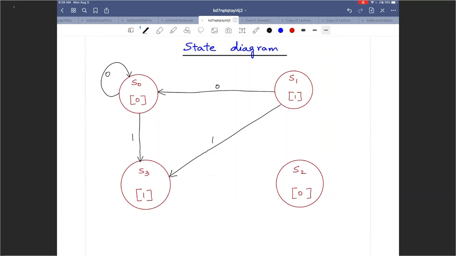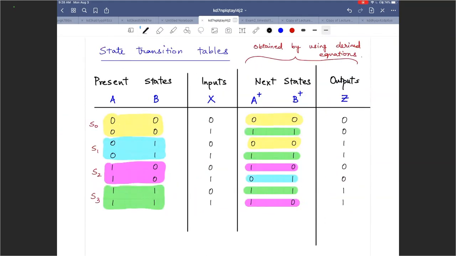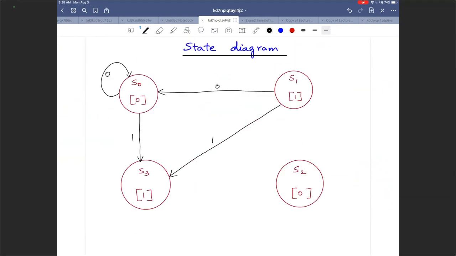Next, if you are in state 2, you may go to 1. 0 was state 2, so self loop or state 1. Self loop for 0 and state 1 for 1.